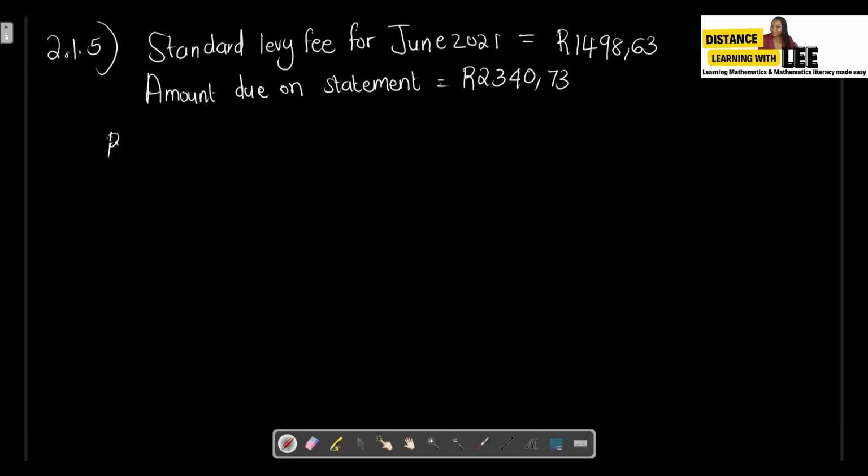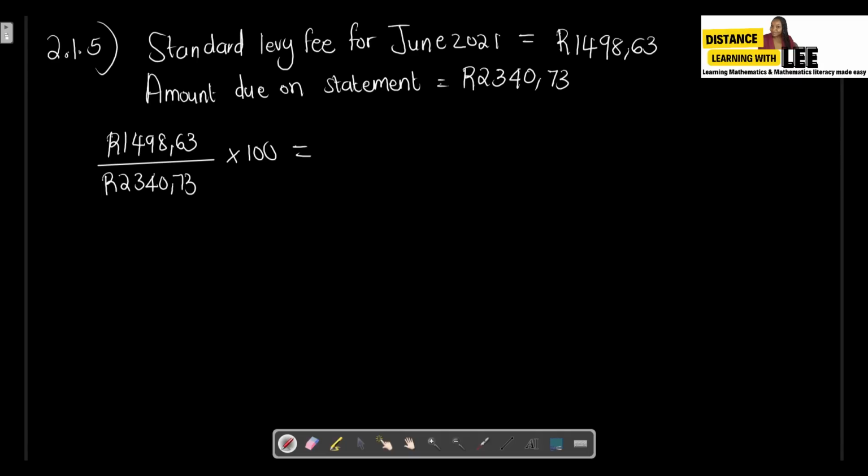So it's that 1,498.63 as a percentage of the total amount due on the statement. So this question is telling us exactly what we need to do, right? Standard levy fee divided by the amount that is due, and you multiply it by 100 because you want the percentage. So if you punch that into your calculator, guys, what do you get?